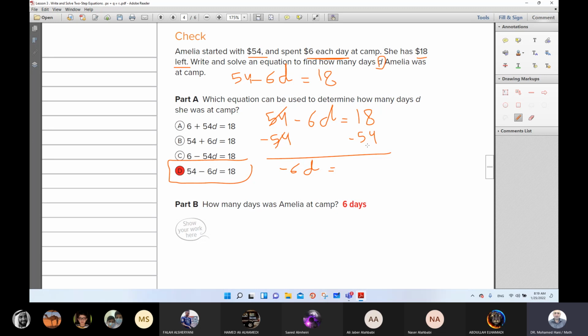And 18 minus 54 will be negative 36. Then remove the coefficient, so divide the two sides by negative 6, divide here by negative 6, and divide here by negative 6.